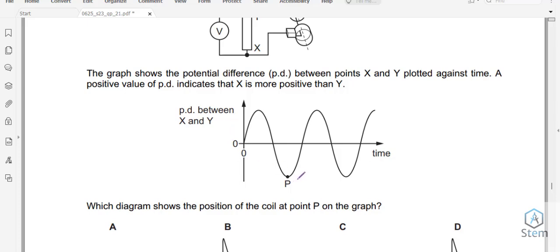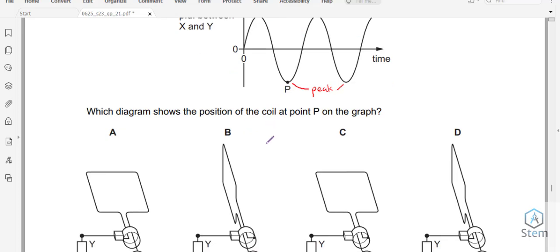If we look at point P, we notice that the PD is at its peak. All these points, these are peaks. And we can only have peak potential difference when our coil is in a horizontal position.